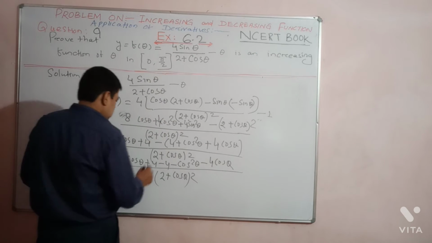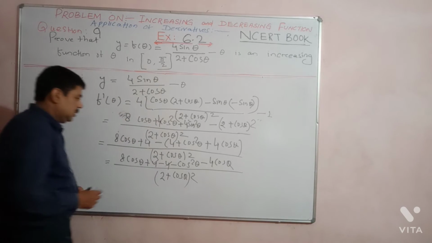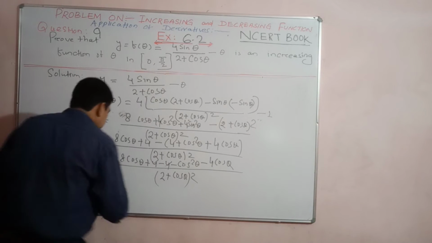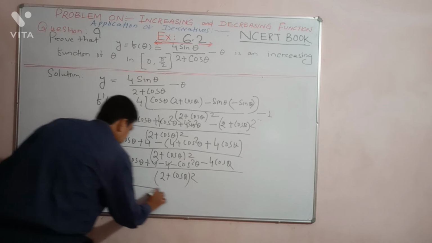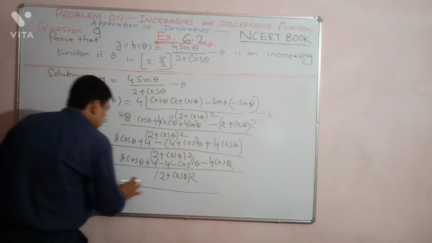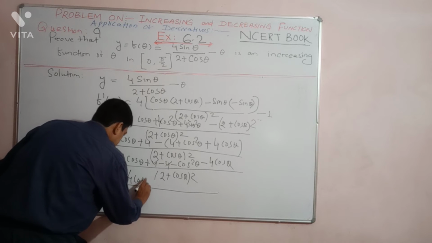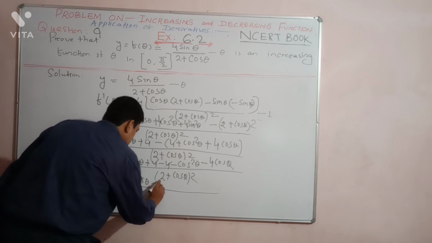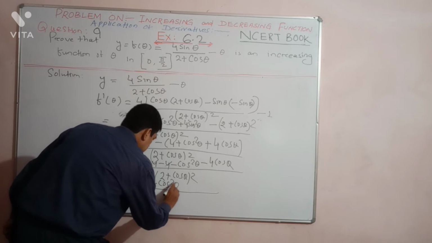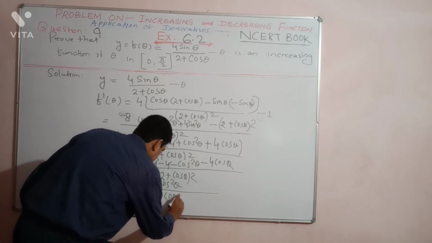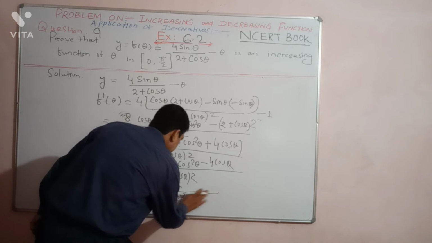Is it clear? Now 4 plus 4 minus 4 cancel. So 8 cos theta minus 4 cos theta will be 4 cos theta, minus cos square theta, whole divided by 2 plus cos theta whole square. Is it clear? Understand?